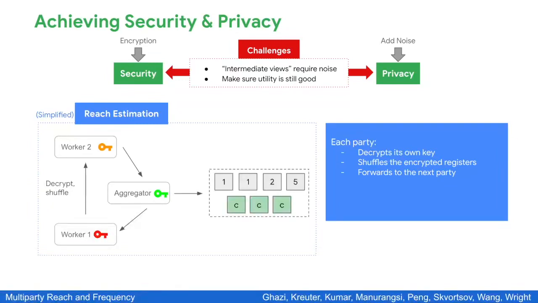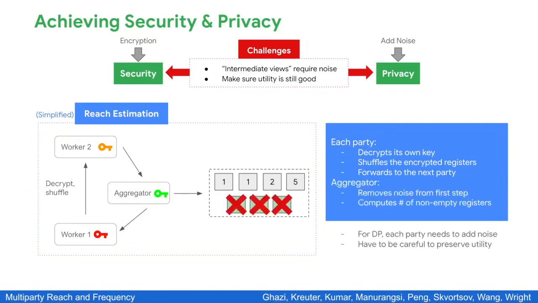And as stated earlier, the noise registers have a special register ID, so we can remove them from this set, which gives us the number of non-empty registers, which can then be used to estimate the reach. In the actual protocol, the workers and the aggregator have to add some noise as well to achieve DP, but we will not have time to go over those details today.